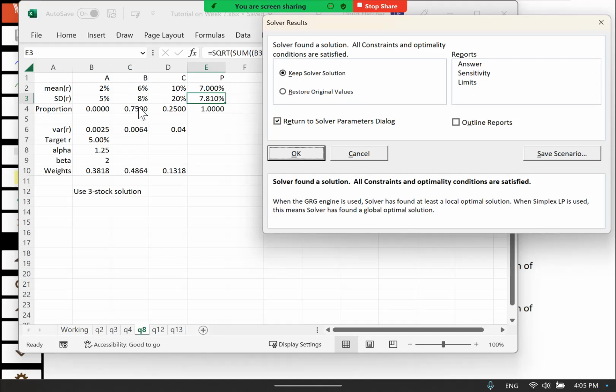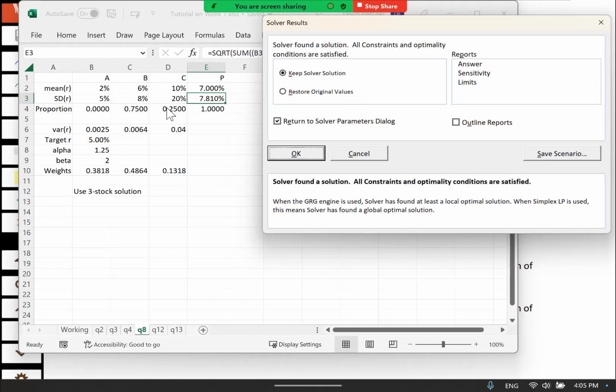And so this 0.75, 0.25, that's just a linear interpolation between the two returns of 6% on B and 10% on C. And that's all it's doing. It's a linear interpolation on that, and there's actually no attempt made to minimize the variance at all.